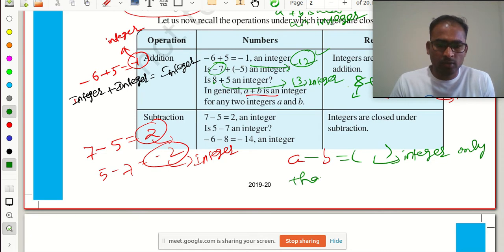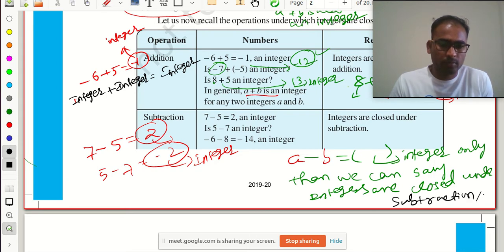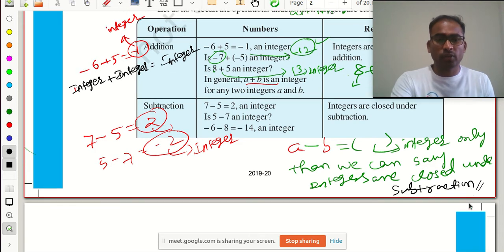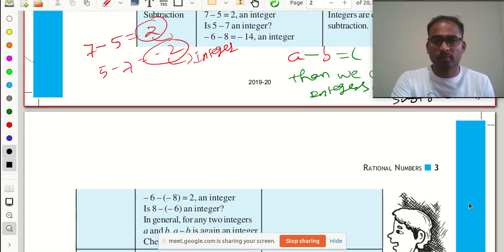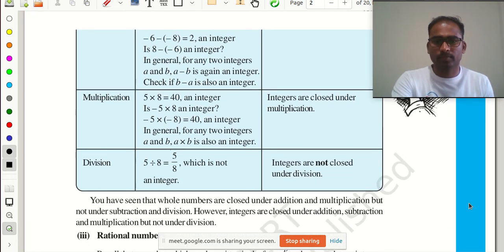Then we can say integers are closed under subtraction. Till now, is this clear with you all? Yes, sir. The remaining students. Yes, sir. Okay, very good.